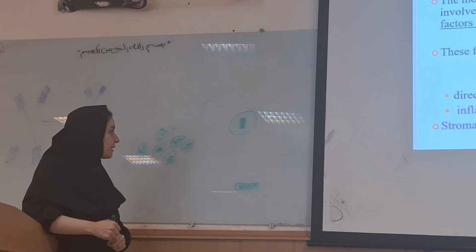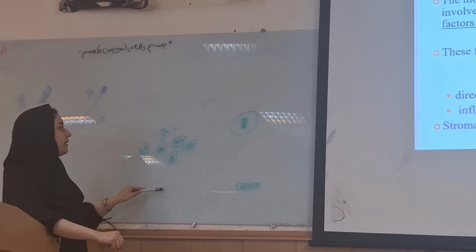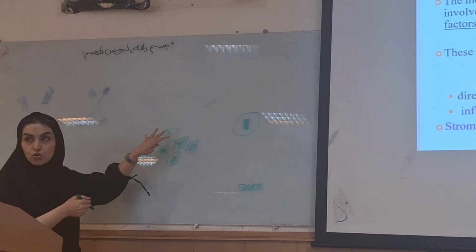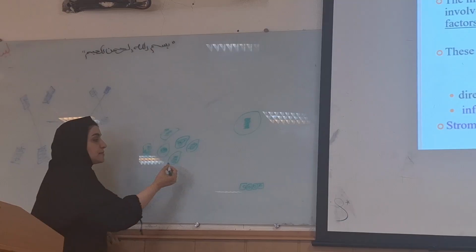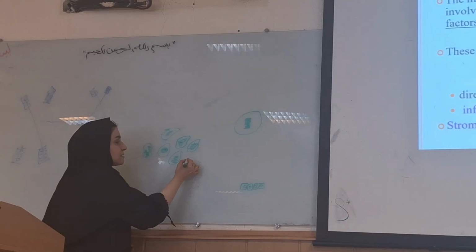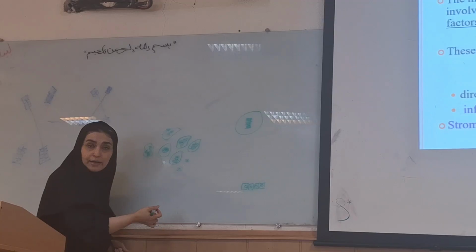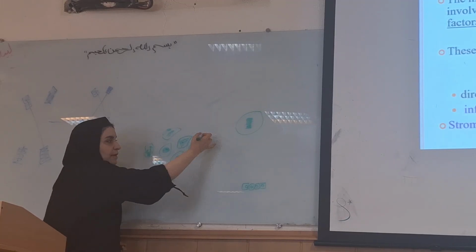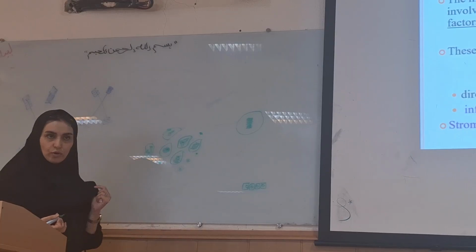Yes, exactly. In the tumor area, we have some tumor parenchyma. This is tumor parenchyma. And also in the background, we have some other cells like inflammatory cells, like macrophages, some lymphocytes. This is the microenvironment of the tumor, okay?